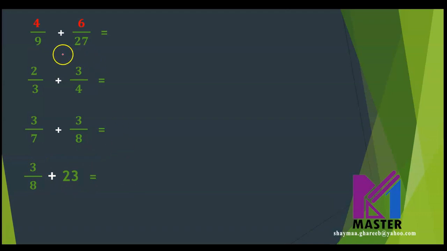The first two fractions here, I need to change denominators to be the same. So I will multiply here by 3 up and down. Then I will have 12 over 27 plus 6 over 27, which is 18 over 27.